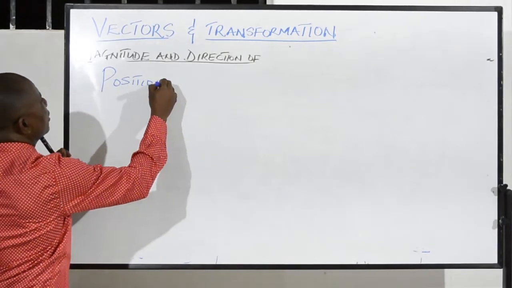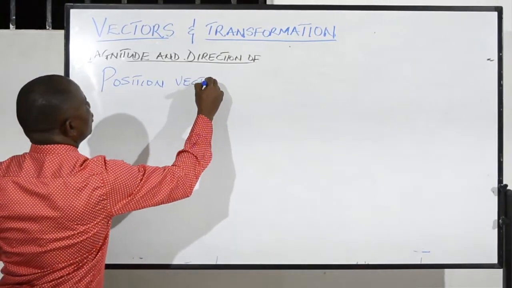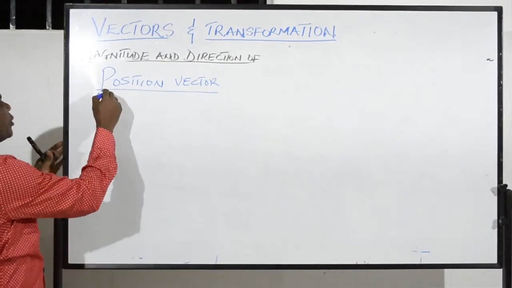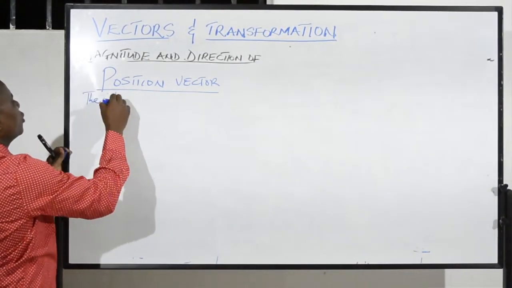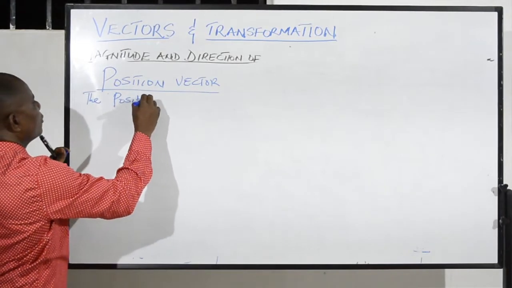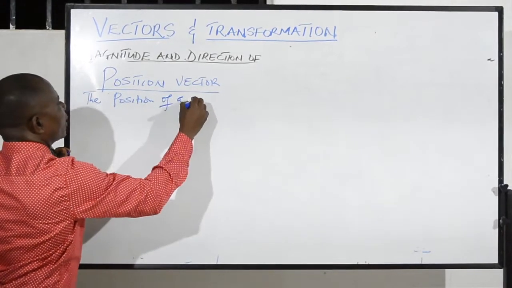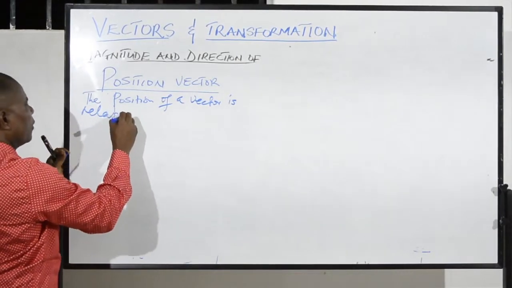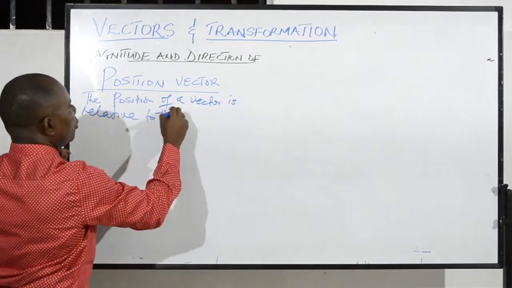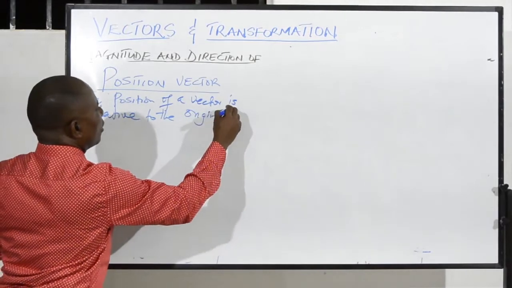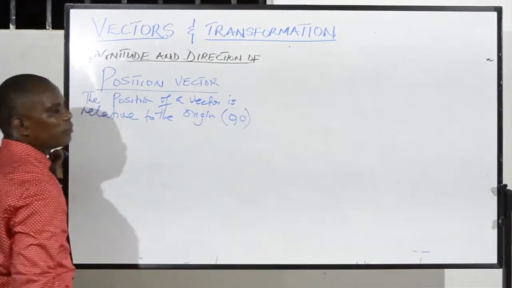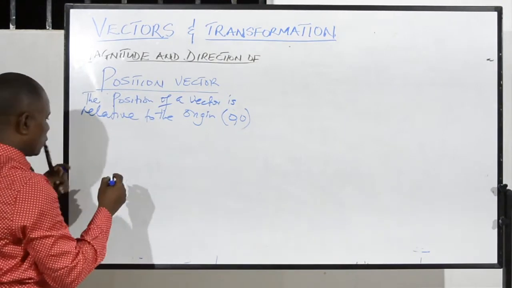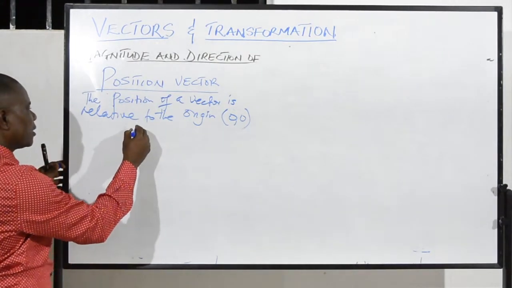For a position vector, the position of the vector is relative to the origin. And what's the origin of that vector in space? It's going to be there. This is 0.